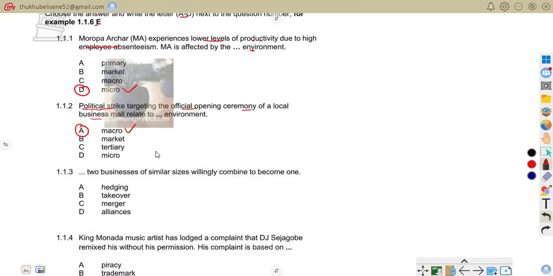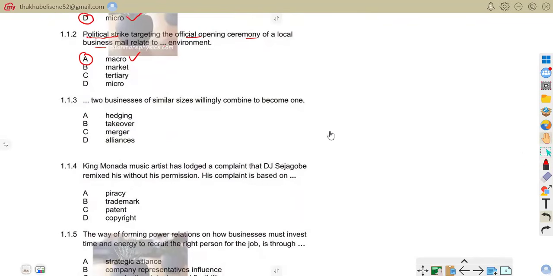We know macro refers to the broader environment, looking at national or global trends. So whenever we are talking about a political strike, that falls under the macro environment. We have no control over that. You cannot, as an individual person, stop the political strike. So this is the macro environment. Now let us move on to 1.1.3.